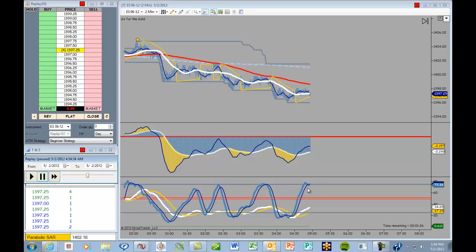All right, we've got a little bit of a bearish hook here on the stochastic.